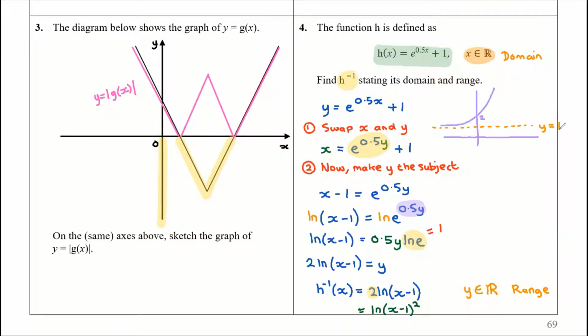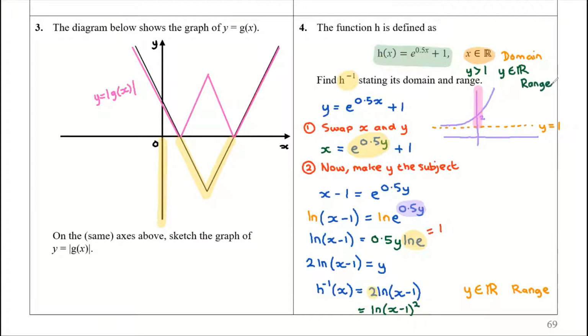It was at y equals 0, it's now at y equals 1. So this gives us the range. Clearly the range is just going to be all the values that are greater than 1. So we can write that down as our range for h, which I'm going to do now. And y is also a real number, but there's a restriction on it. Okay, and that's the range.